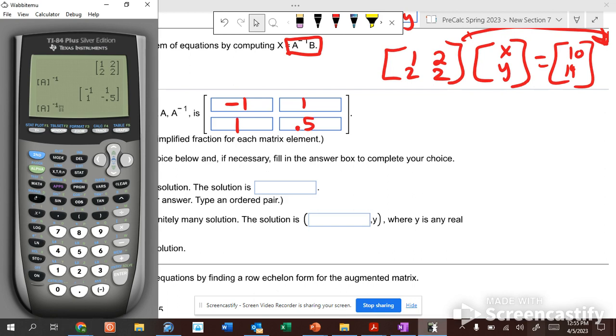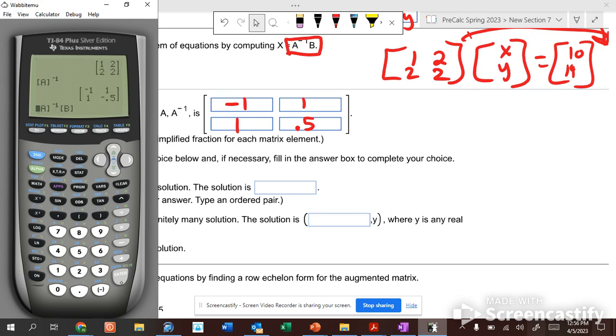So I'm going to have to go second matrix again and build a B matrix. I didn't build it yet, Mr. Bierschbach. You got to go over to edit, down to B, hit enter. So I got 2 rows, 1 column. The first row is going to be 10, second row is going to be 14.